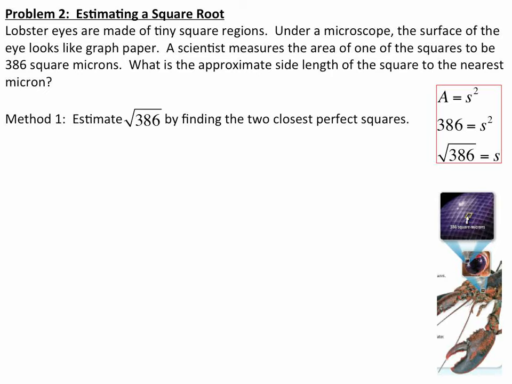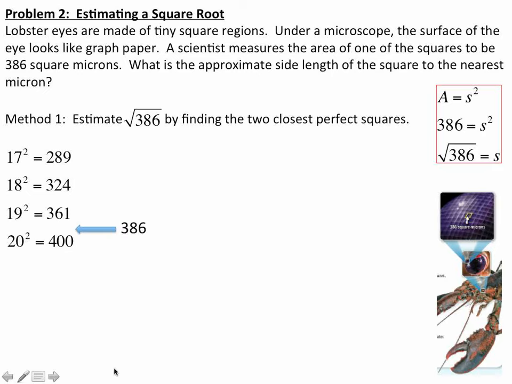There are two ways I can do it. One of them would be to estimate the square root of 386 by finding two of the closest perfect squares. If I compile a list of perfect squares, 17 squared, 17 times 17, is 289. 18 times 18 is 324. 19 times 19 is 361. 20 times 20 is 400. It's easy to see that 386 would fall in between there.